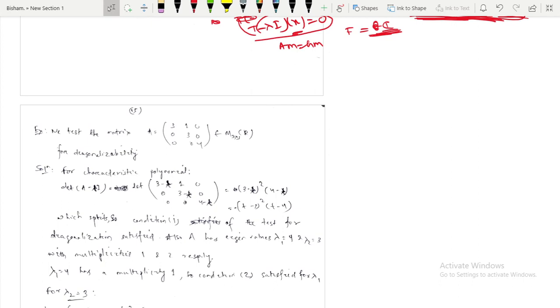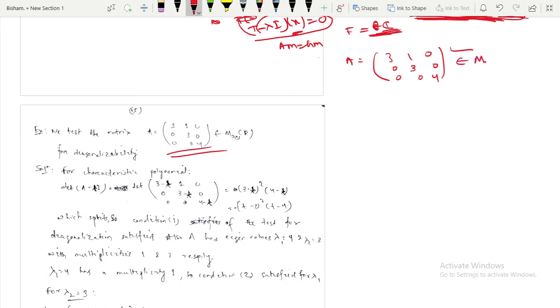Now there is a problem, where you can check its diagonalizability, whether it is diagonalizable or not. So I am doing this one. Suppose A is equal to 3, 1, 0, 0, 3, 0 and 0, 0, 4, and this matrix is given and you have to check its diagonalizability.